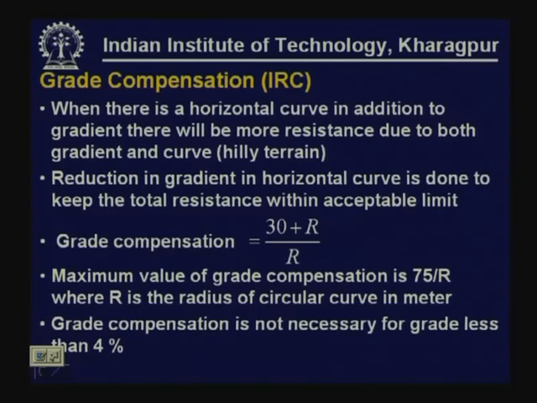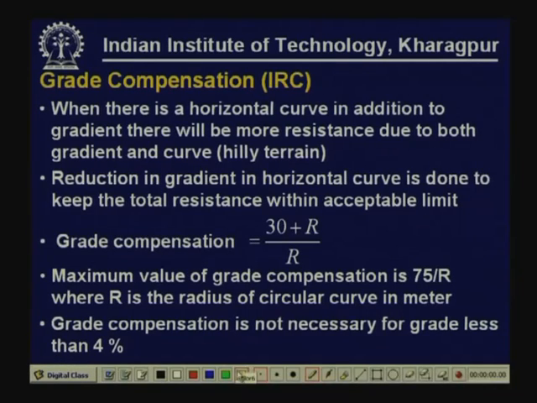Now, why will there be additional resistance? We also discussed earlier about the curve resistance, but let us refresh our memory. Suppose this is the tractive force T which is available in the direction of movement, and the vehicle is negotiating a horizontal curve.